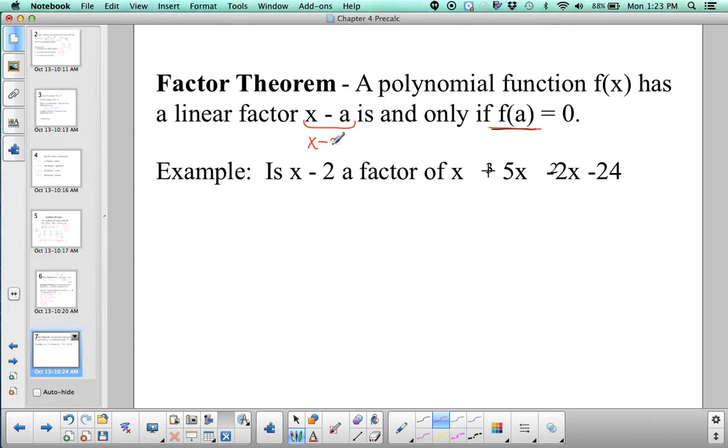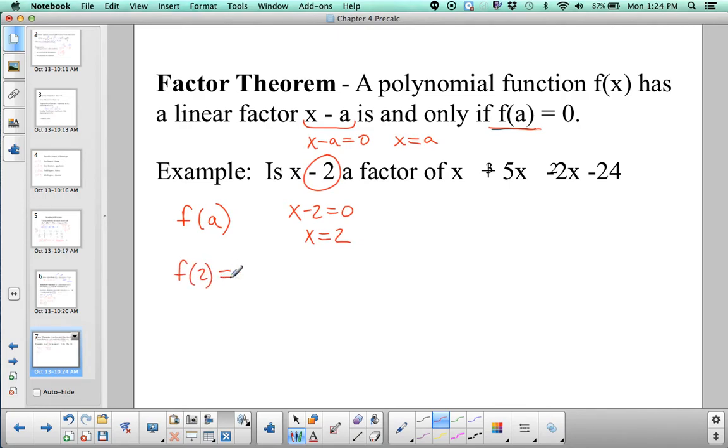If we solve this, then we get x is equal to a. And that's how we're going to find f of a. In this particular case, we have x minus 2 equals 0, x is equal to 2. So f of a is equivalent to f of 2.